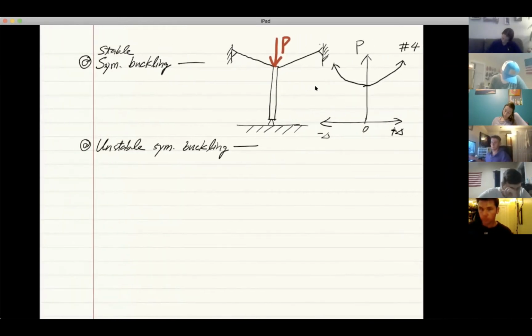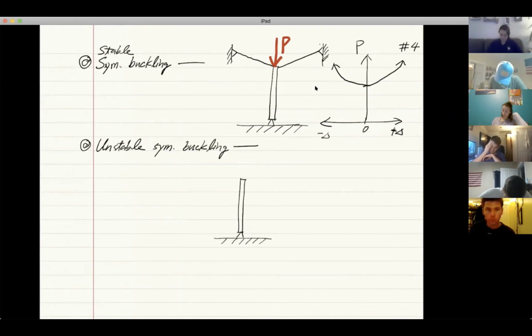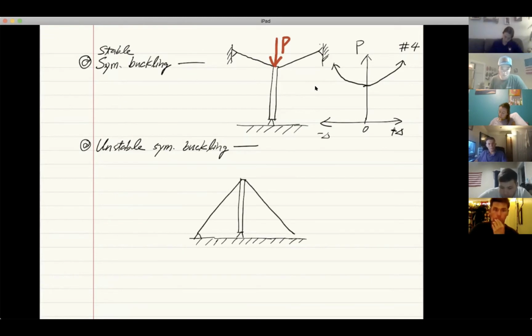So what is the case for unstable symmetric buckling? Like this. Exactly the same column, exactly hinge connected to the ground. But this time, somebody came up with a bad idea, a brilliant idea to connect the cables to the ground. So if you do it this way, you do it like this.